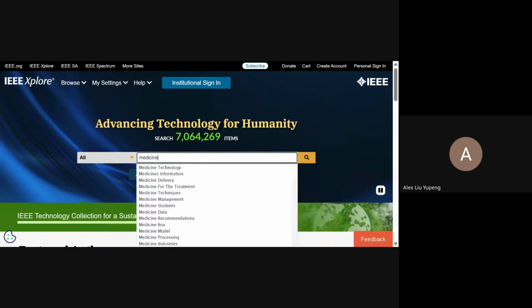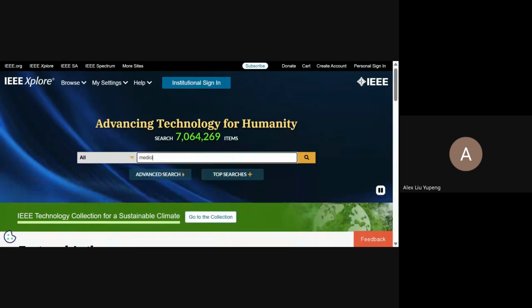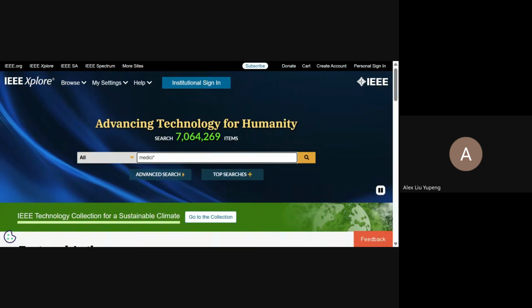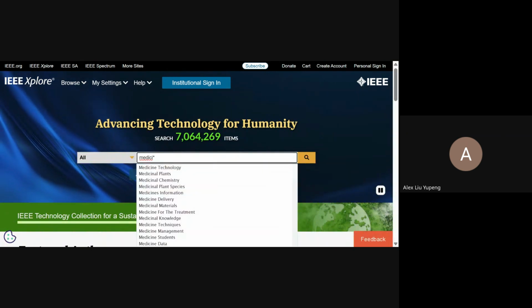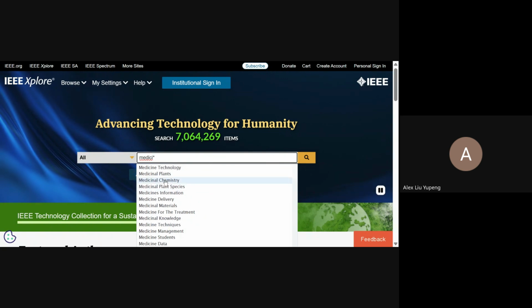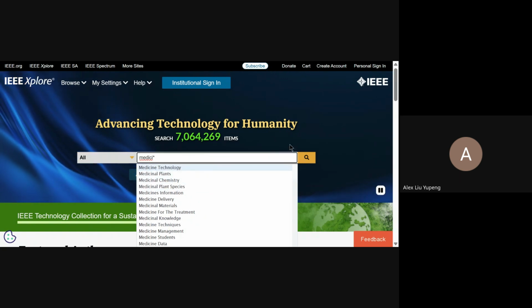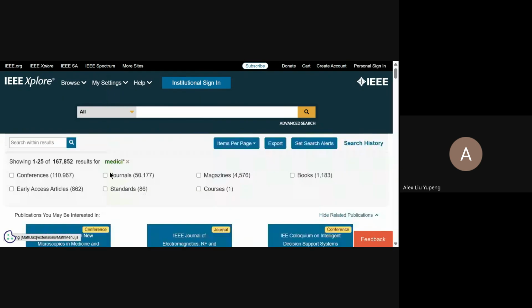I'm going to use an asterisk to represent medical, medicine, and anything that has to do with medicine. Just do a search. Then you'll be able to find whether IEEE has published. Wow, there are 167,000 publications on this. And of course, your research is definitely a specific domain within medicine, right?